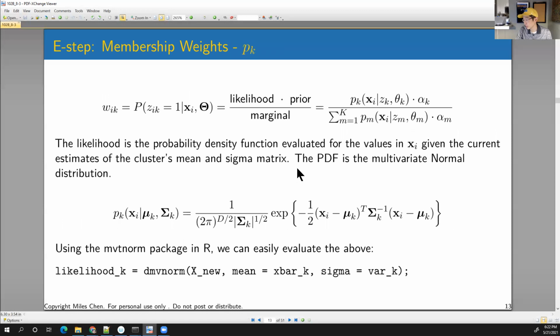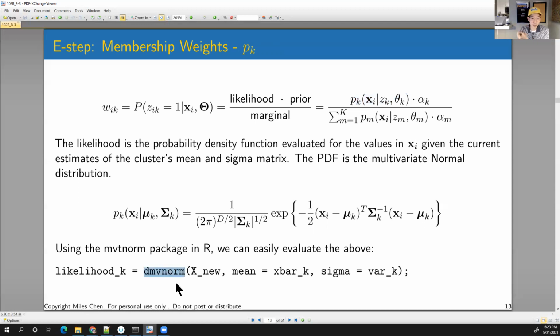And then here, the likelihood is going to be equal to the probability density function for the values in X given the cluster's mean and sigma matrix, right? So we're going to say, what is the likelihood this observation came from cluster 1 if our estimate of cluster 1's mean is this and our estimate of cluster 1's sigma matrix is this, right?